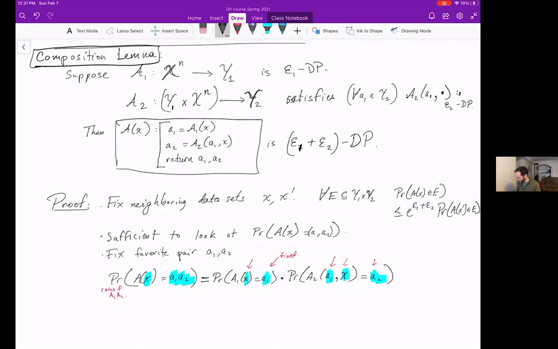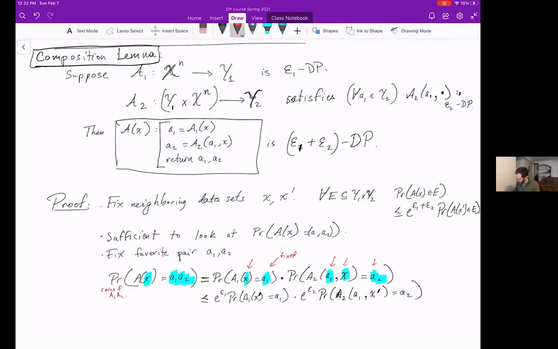All right, now we can bound each one individually using what we know. So we know that the first algorithm is epsilon1 differentially private. So there we've got the probability that A1 of X is equal to little a1 is at most e to the epsilon1 times the same probability on X prime, times e to the epsilon2 times the probability that algorithm A2 run on input, again little a1, but now on data set X prime, produces a2.